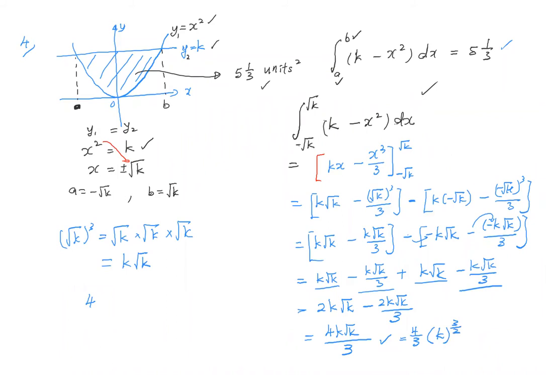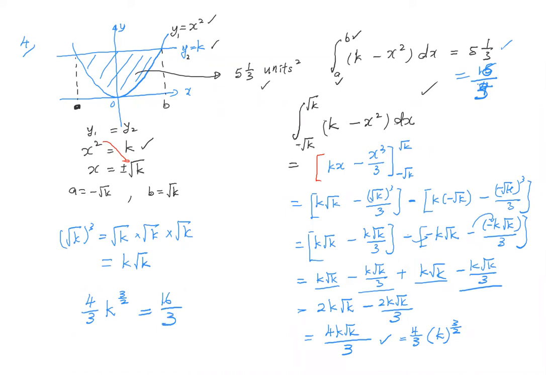That is the meaning of k root k. So 4 over 3 k to the power of 3 over 2 is equal to, I turn this to 16 over 3. Can or not?